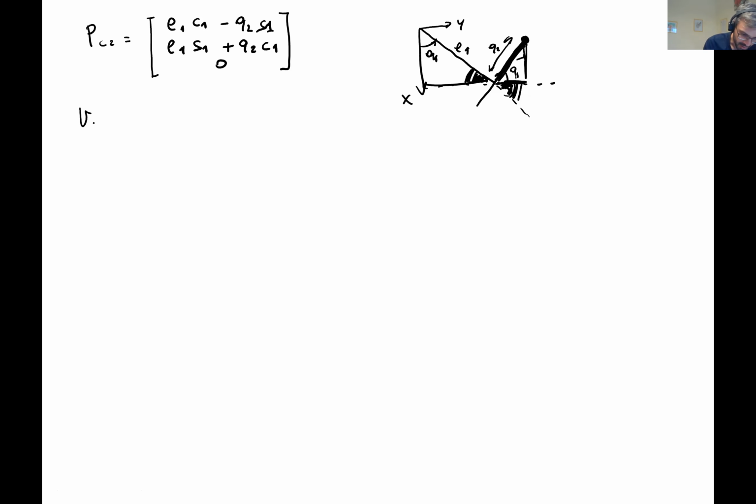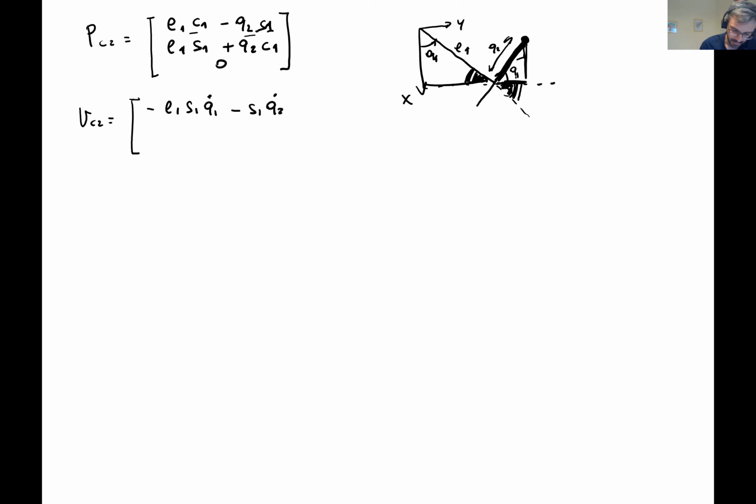Again, if we compute the velocity as the time derivative of the position of the center of mass of link 2, we get something more involved. For x: minus L1 S1 Q1 dot, the derivative of this, minus S1 Q2 dot.